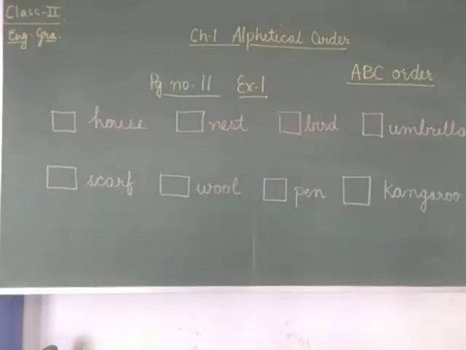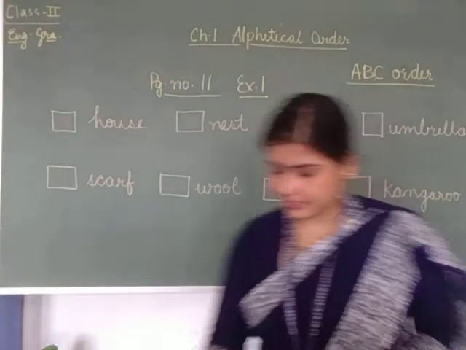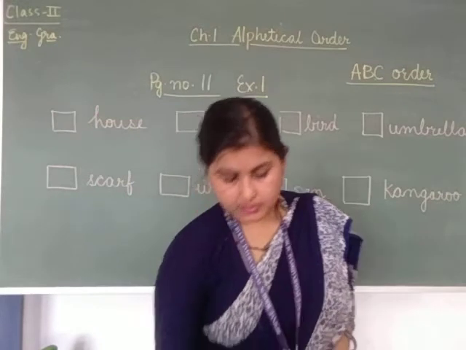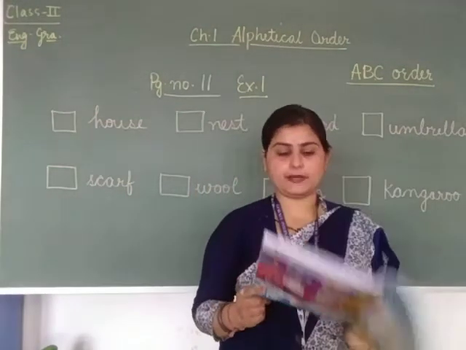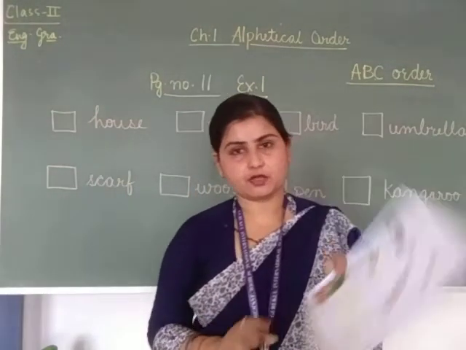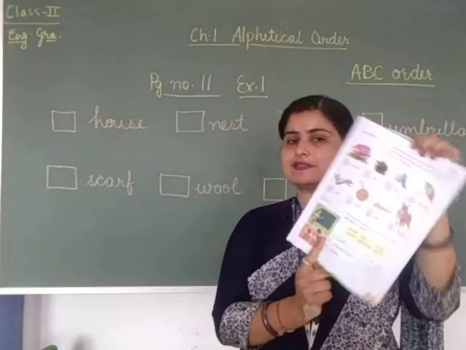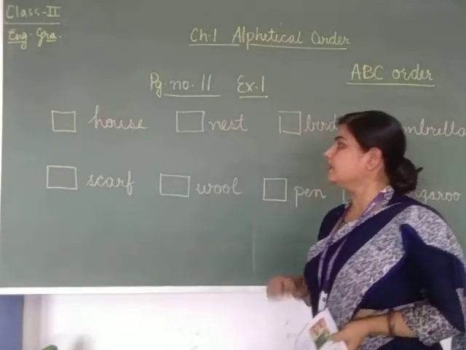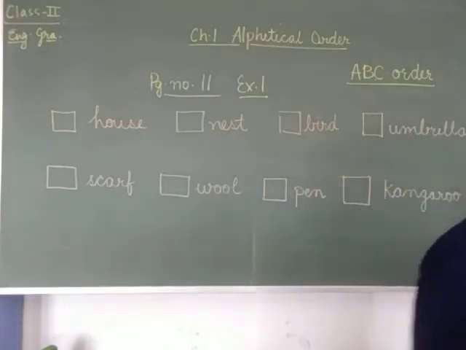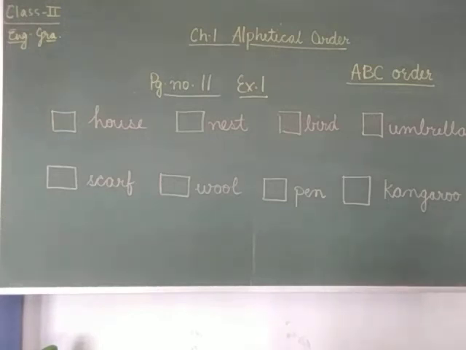So class 2, now I am here on the exercise, in your grammar book, chapter number 1, page number 11. On page number 11 there are two exercises. I am going to solve them. The first exercise has 8 words. And what are the words? You can read here: house, nest, bird, umbrella, scarf, wool, pen, kangaroo.